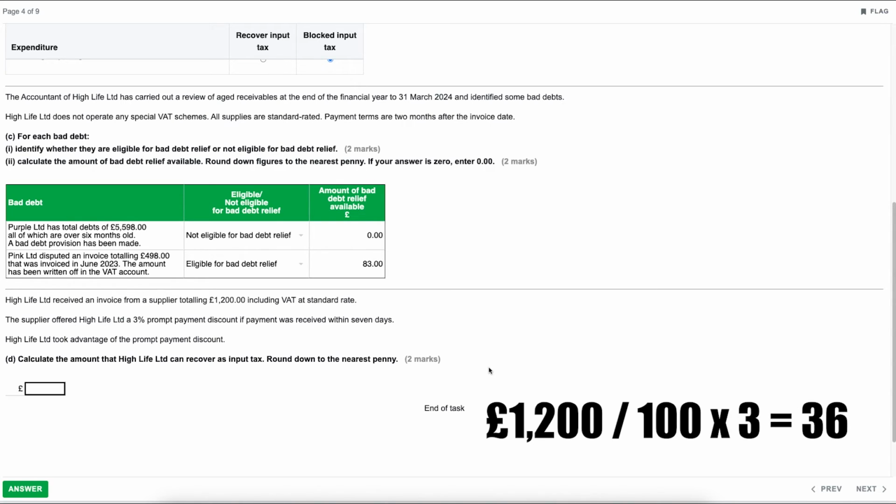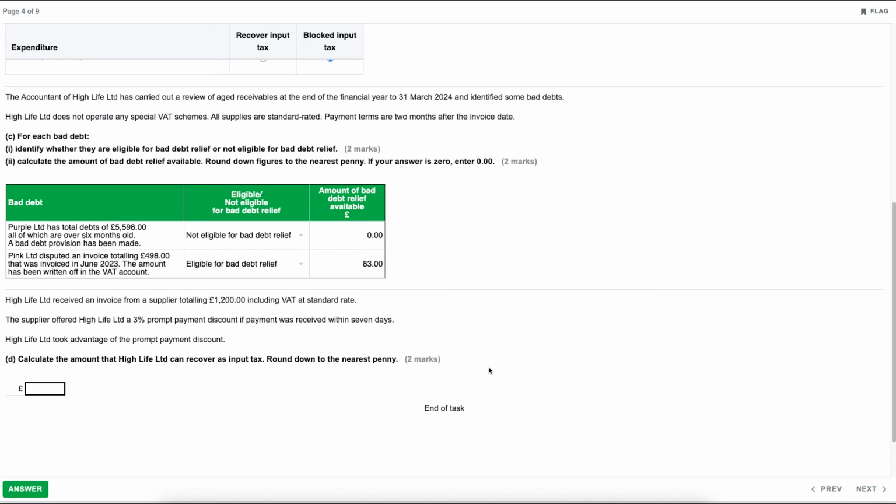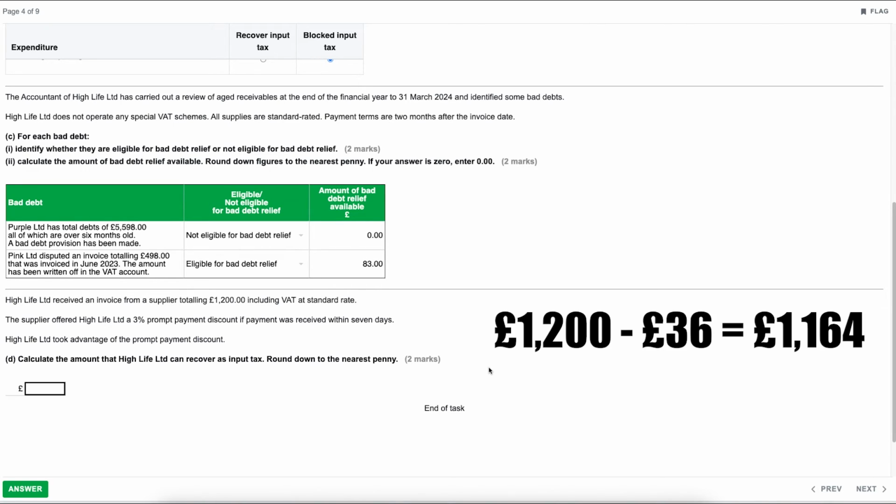The next step is to calculate the new invoice value because they've taken that prompt payment discount. So High Life would calculate that 3% and take it off this 1,200. So we'd do 1,200 minus the prompt payment discount of £36, leaving the amount to be paid as £1,164, including VAT.